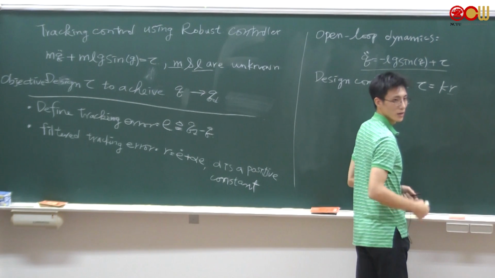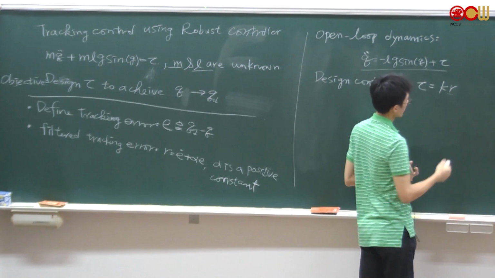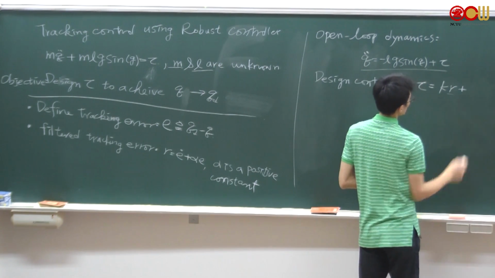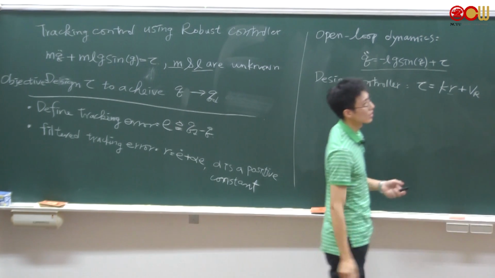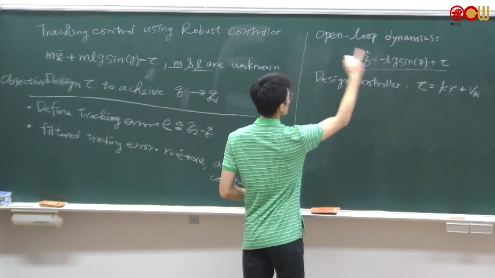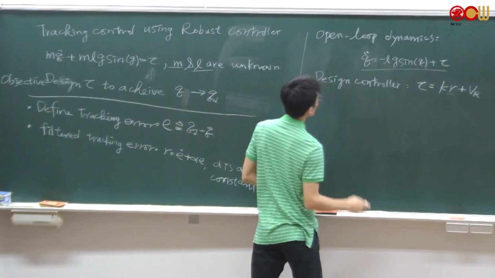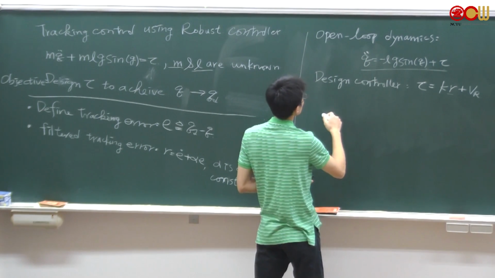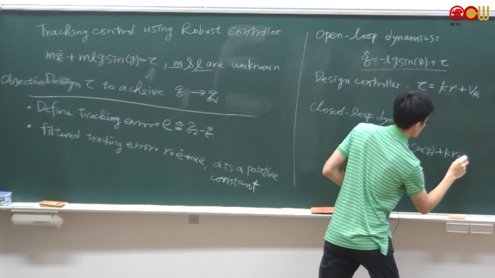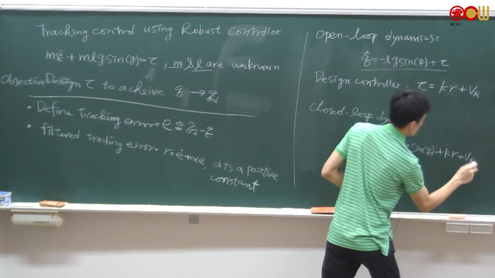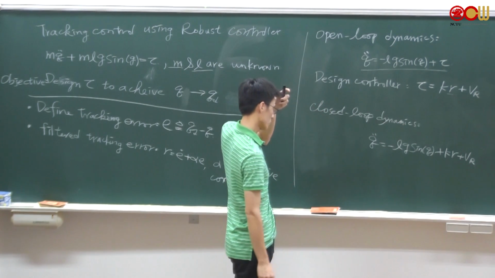You can consider it as a new tracking error, okay? Plus robust terms to be designed, okay? And you substitute into here, back to the open loop dynamics, you got closed loop dynamics. Okay, this is closed loop dynamics.